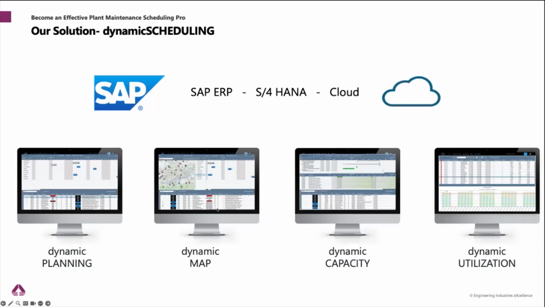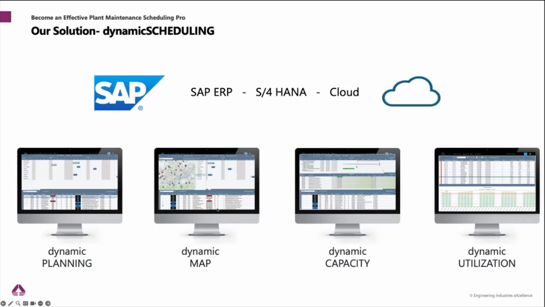That's where dynamic map comes into play, because it contains all of the functionality of dynamic planning, but on top of it you have the possibility to plan on a map, which gives you possibilities like route planning and route optimization. You can try to reduce travel time and those kinds of things.